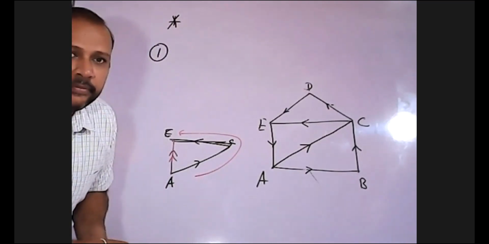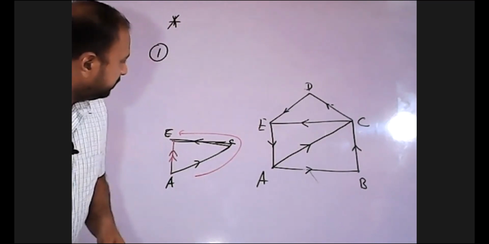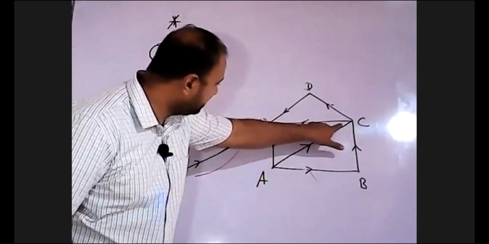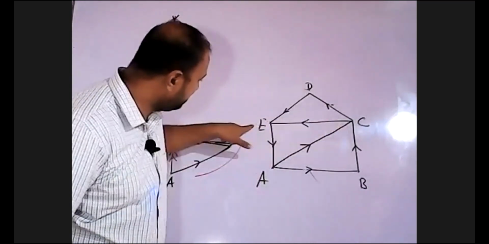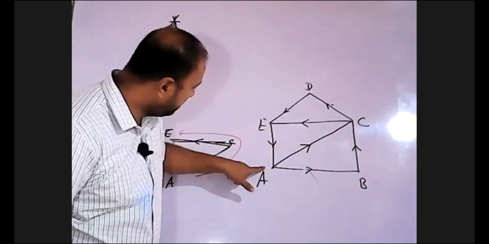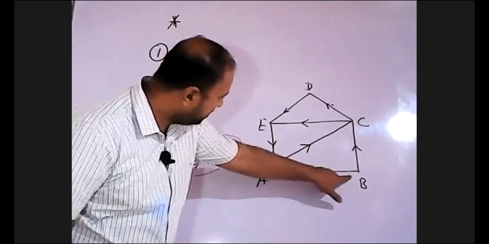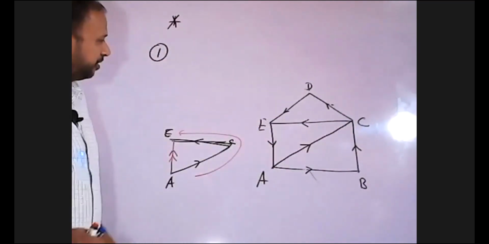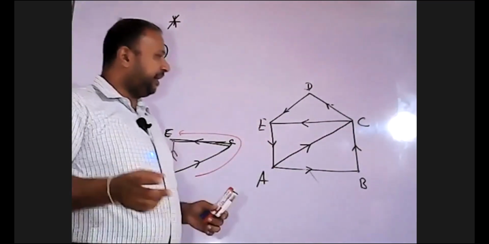Can't we take AC plus CE plus EA? It is not a polygon.